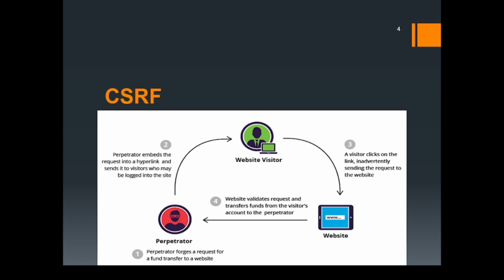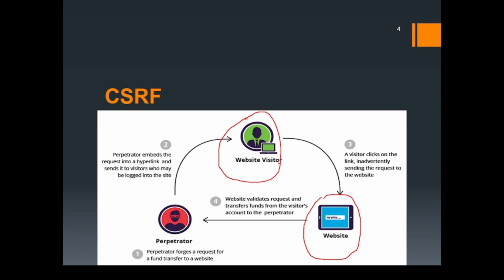Now let's see how the server can protect the user from being attacked. Consider that this is your actual client and this is the server. The server will generate a unique CSRF token whenever the user requests any form page. This token is stored in the user's session on the server.